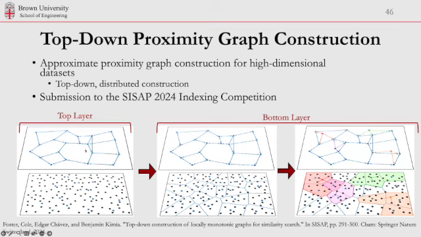If we have a hierarchical organization of the data set, and a partitioning of the data set to the samples on the layer above, then we can use a graph on the layer above to help guide the search for a set of candidate neighbors on the bottom layer. So a graph above and a partitioning of the layer below allows us to build the graph on the layer below efficiently and in a distributed way.